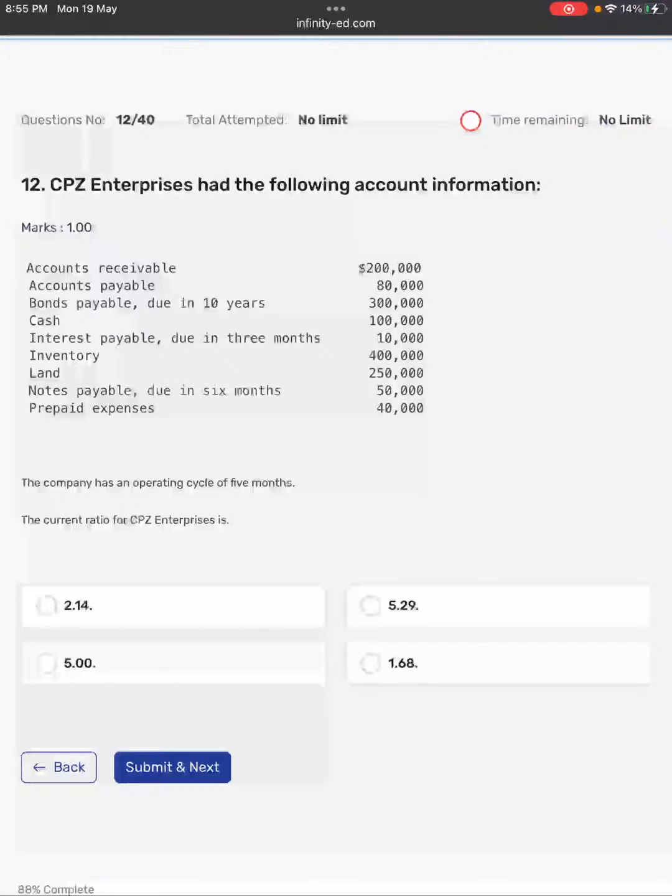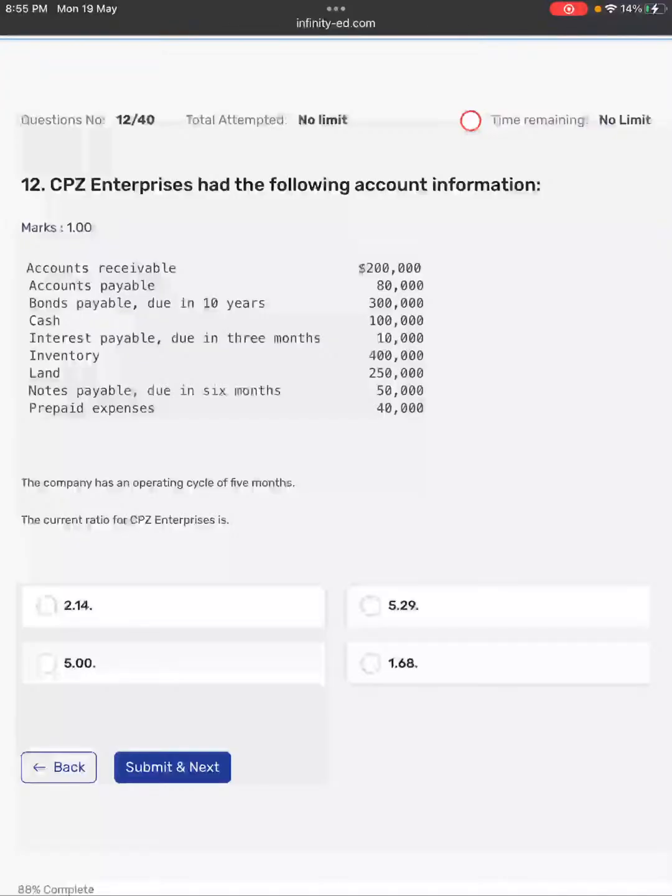The company has an operating cycle of 5 months. Current ratio, we just need to calculate. What is the current ratio formula? Current ratio is current asset divided by current liability. First we need to calculate total current asset.